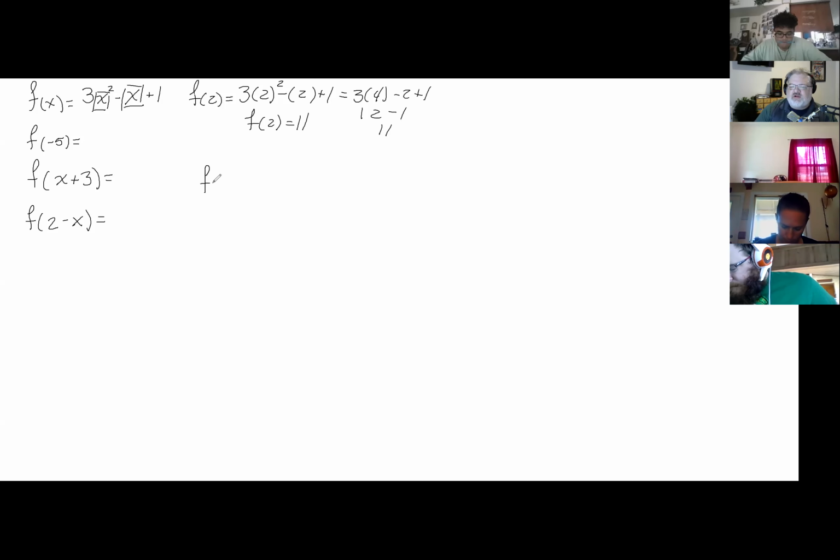I'll kind of follow along here. The usefulness of those parentheses is probably a little more apparent in this problem than it was in this one.